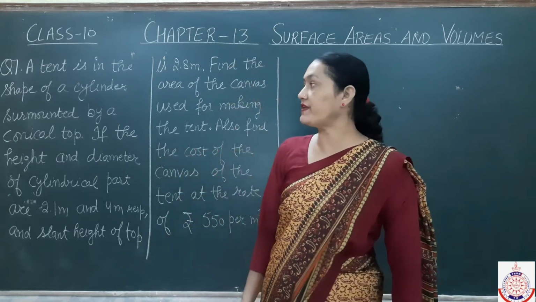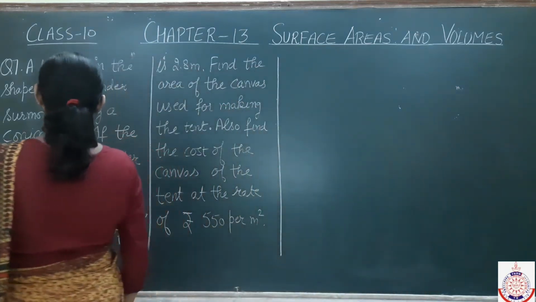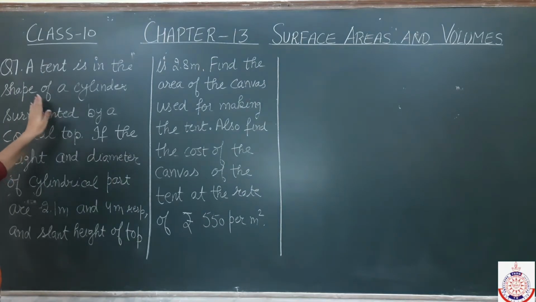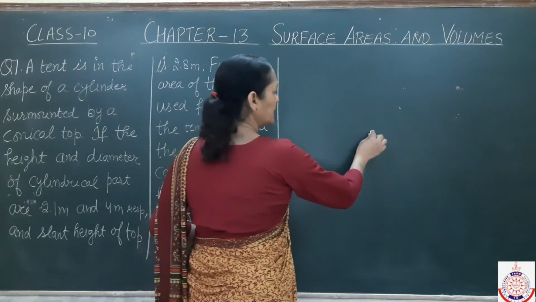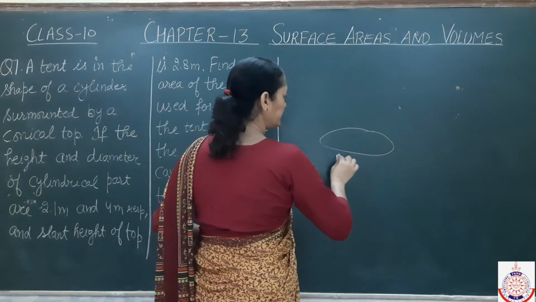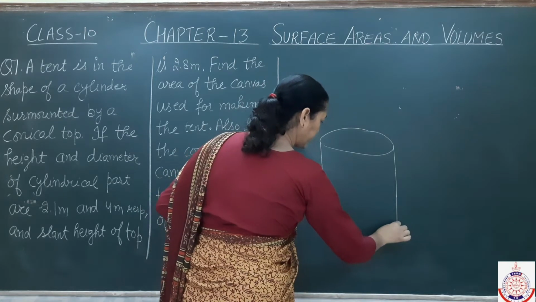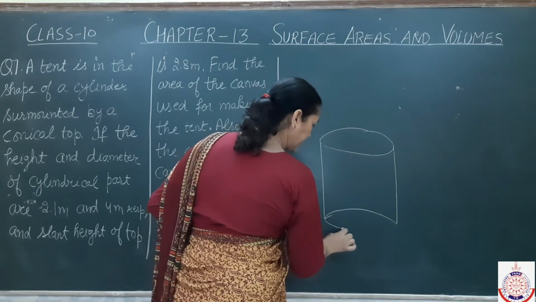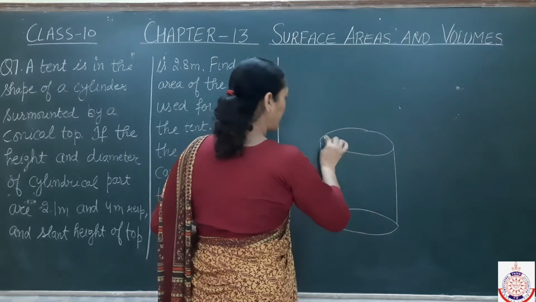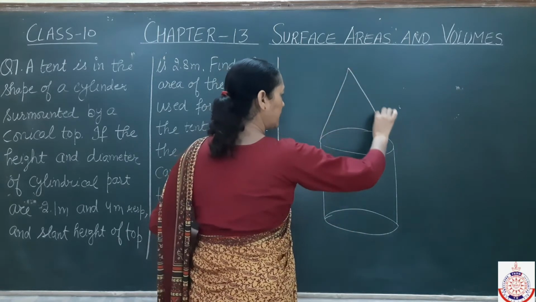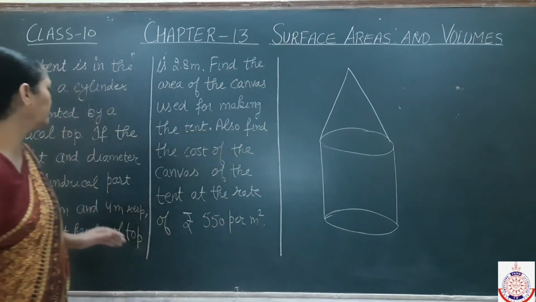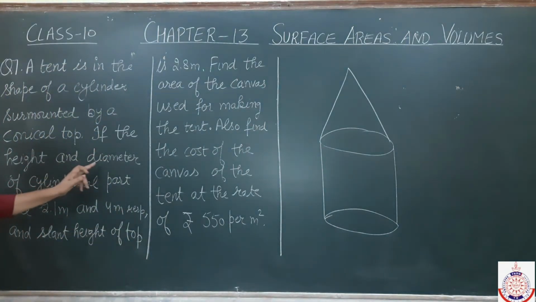After question number 2, I have taken question number 7 of exercise 13.1. In this question they have given that a tent is in the shape of a cylinder surmounted by a conical top. The height and the diameter of the cylindrical part are 2.1 meter and 4 meter.